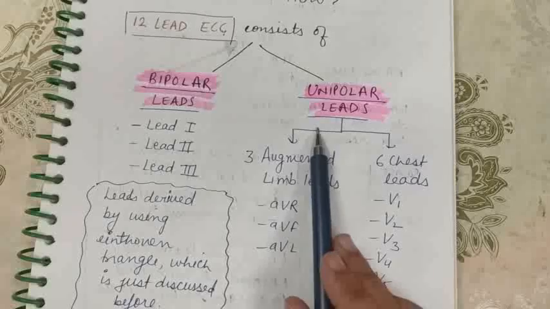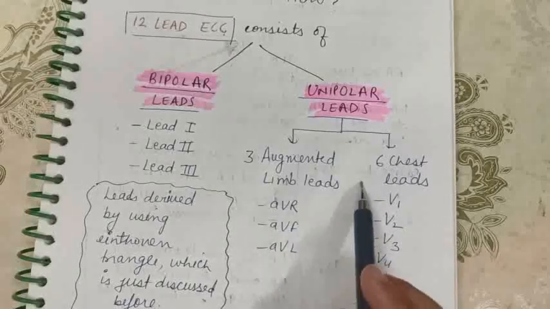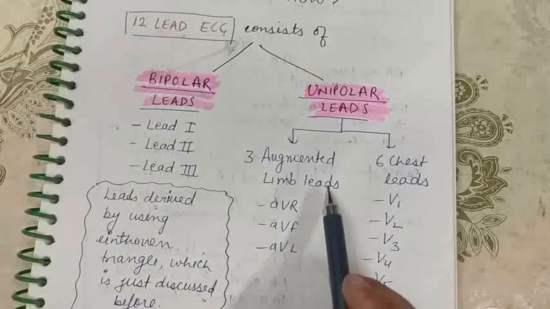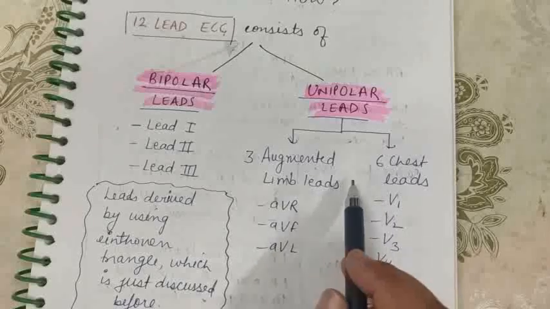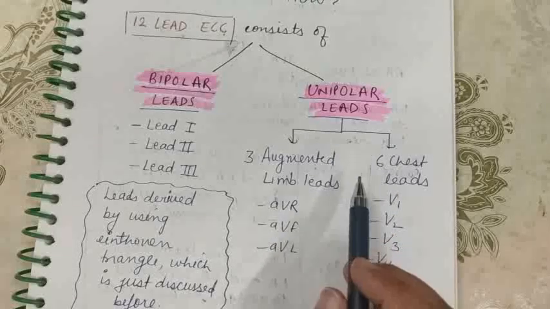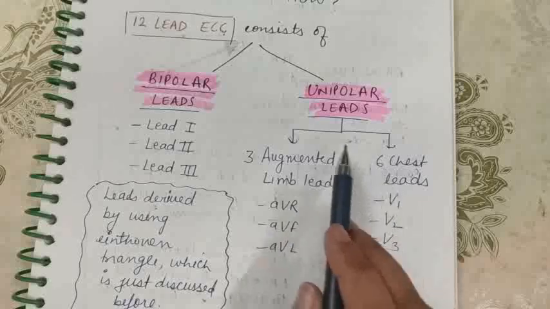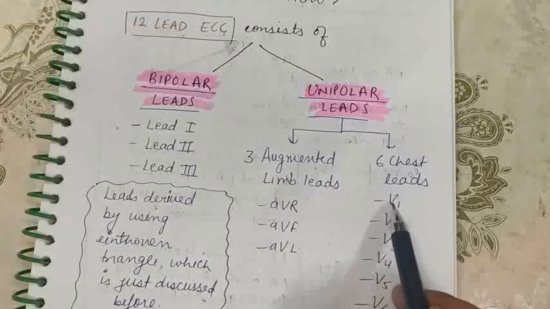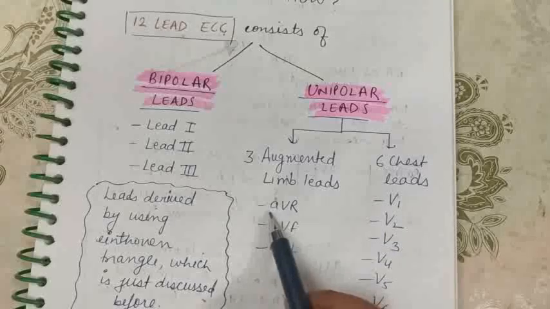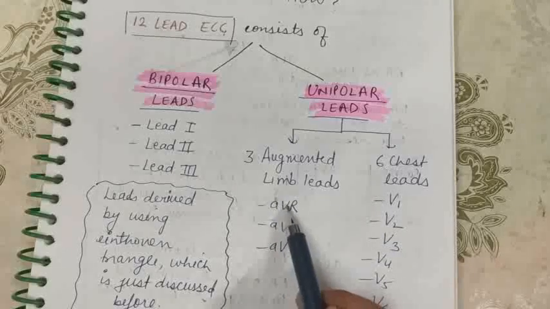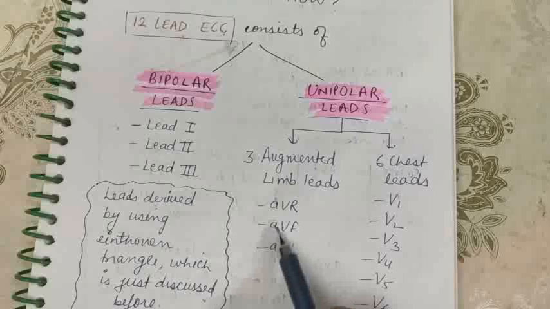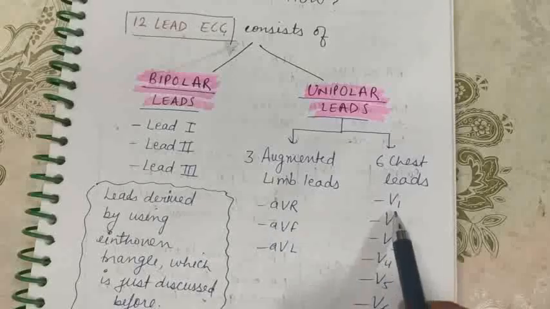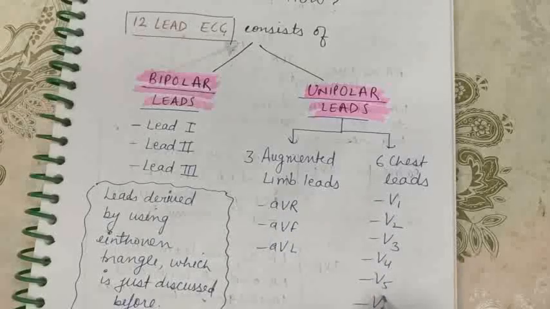When we talk about unipolar recording, since there is a reference point, from the reference point toward the active electrode there is some direction of flow. That's why it is denoted using V vector. Augmented leads are also shown as V, but augmented, that's why A before V, and the chest leads are V1 to V6.